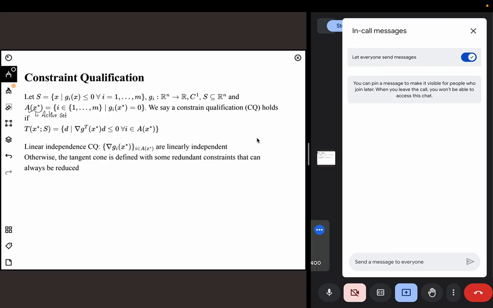We say a constraint qualification holds if, as we defined last week, something called a tangent cone. If you recollect, the tangent cone is essentially defined as the set of vectors d such that d equals xk minus x star divided by tau k, where xk tends to x star as k tends to infinity and tau k goes to 0.